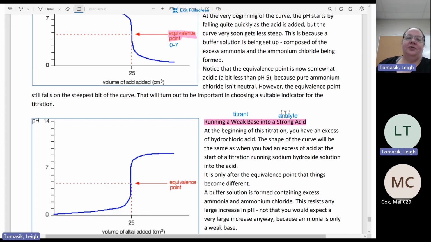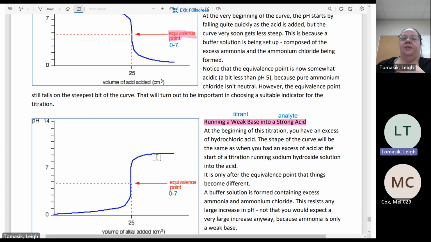So because we're starting off with a strong acid, we start off at a pH of 0 because strong acids have a pH of 0. And then we are going to move up, and because we're using a strong acid, weak base, the equivalence point is going to be acidic, right?